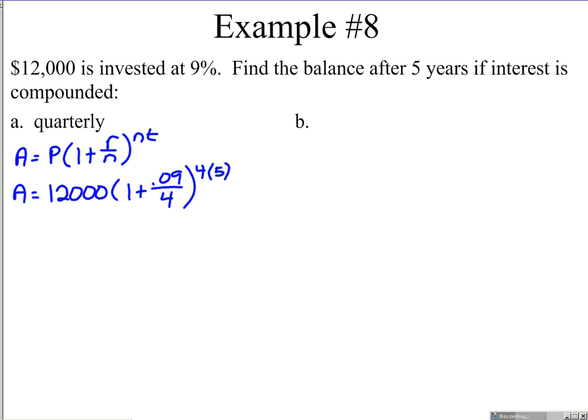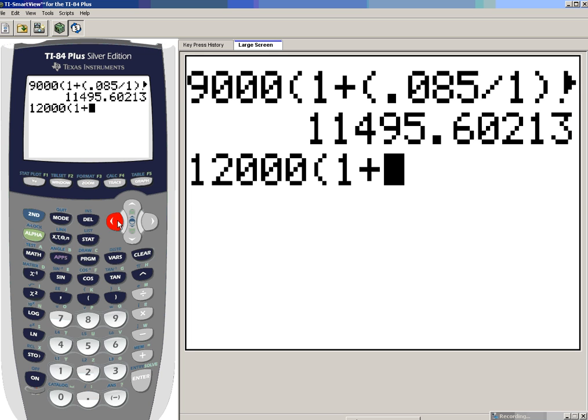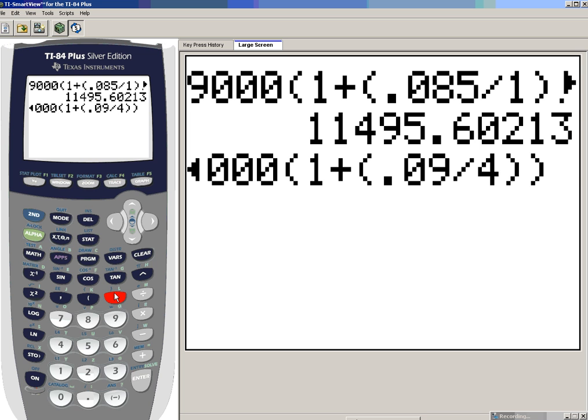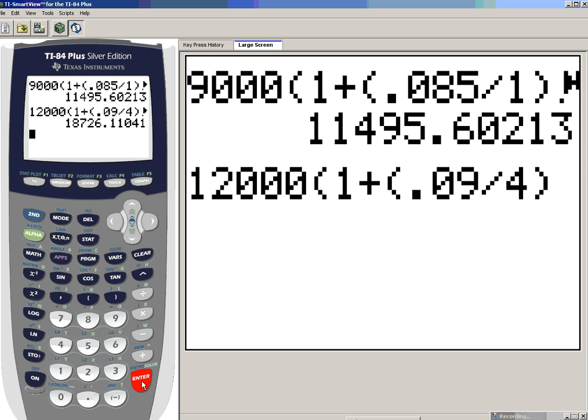Let me show one more time how to plug this type into the calculator. We have 12,000 times 1 plus 0.09. Don't forget your parentheses like I almost did. 0.09 divided by 4, close that fraction, close the big set of parentheses, raised to the 4 times 5 power.